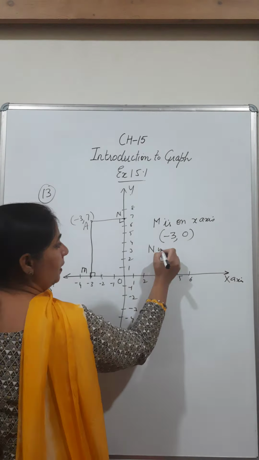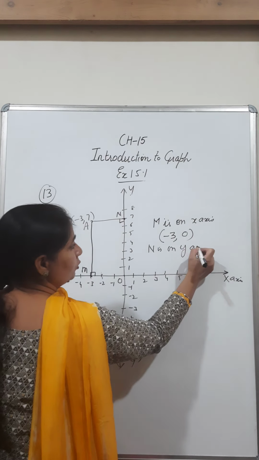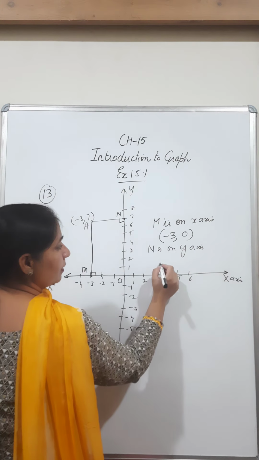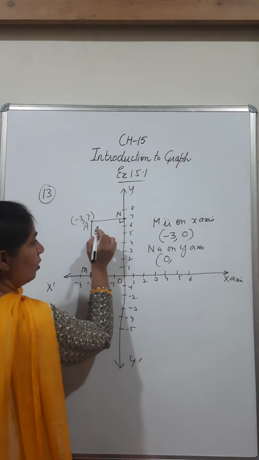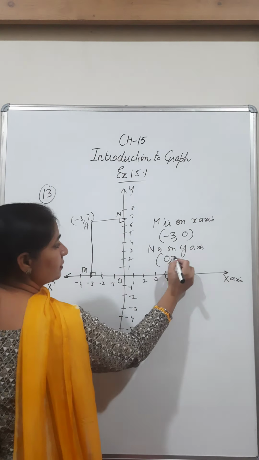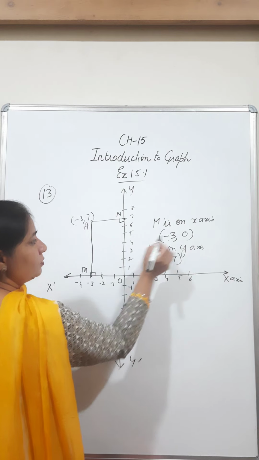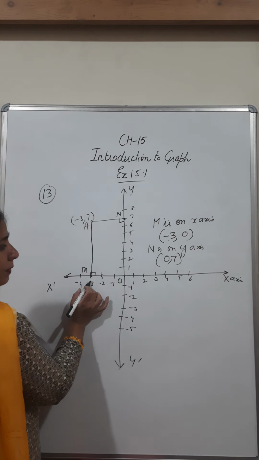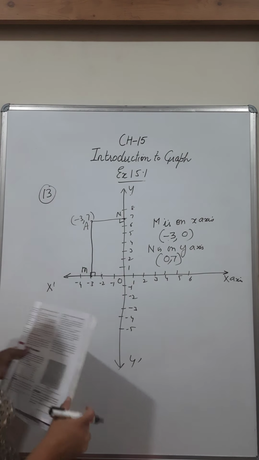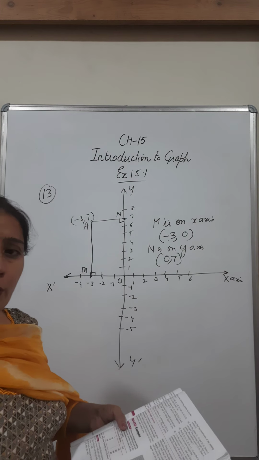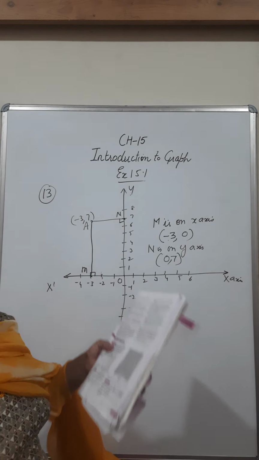So where is N, it is on the y axis. So for a point on the y axis, what happens? x is equal to 0 and what is the value of y? y is equal to 7. So -3, 0 are the coordinates of M, and 0, 7 is the coordinate of your point N on the y-axis.